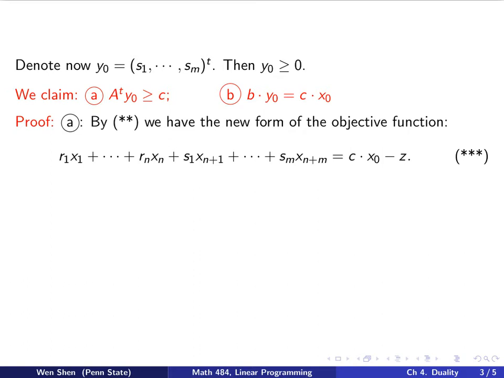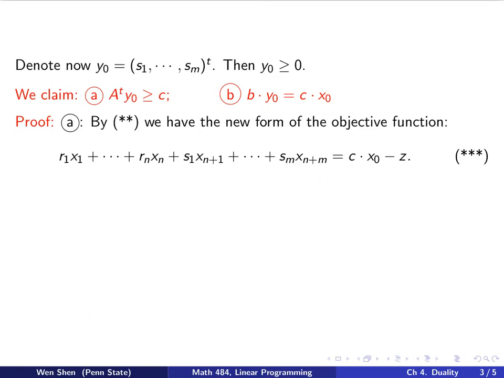Indeed, let's recall that final row in the tableau, which we labeled as double star. By that double star, we now have a new form of the objective function, which can be written as this: r1x1 plus dot dot dot rnxn, putting the coefficient with each variable, and also s1 is x_{n+1}, so on to sm is x_{n+m}.